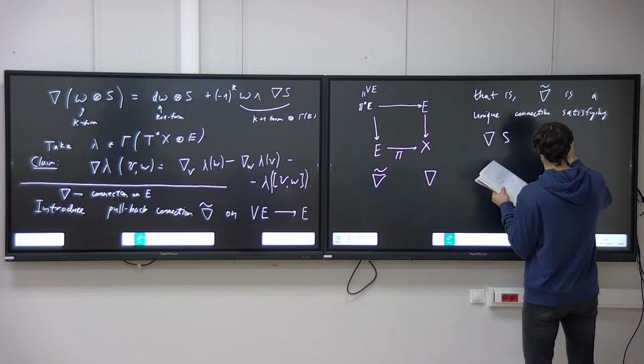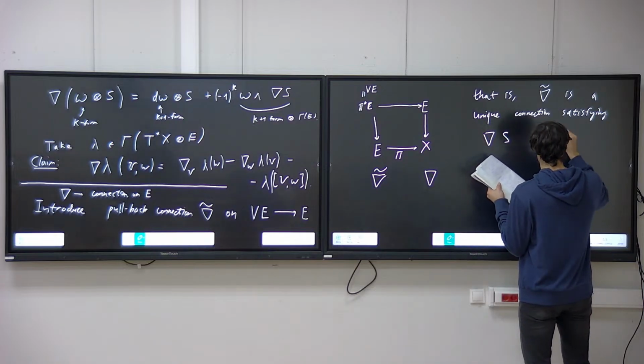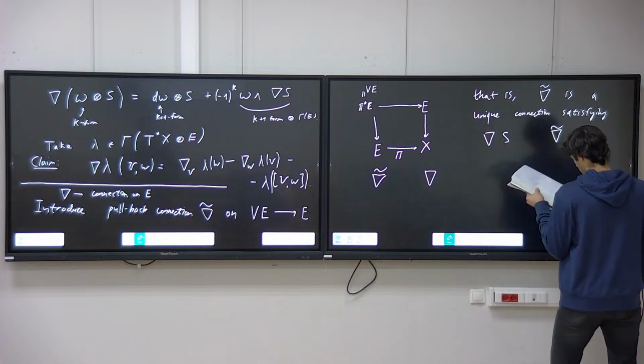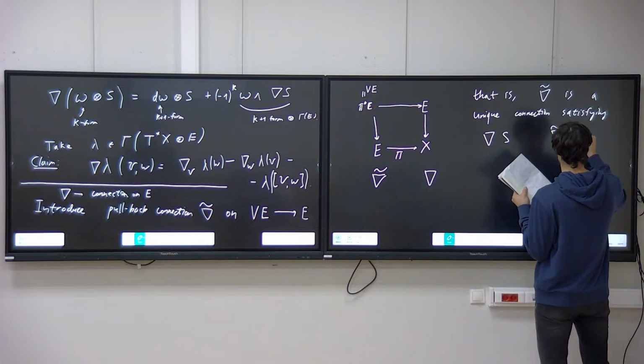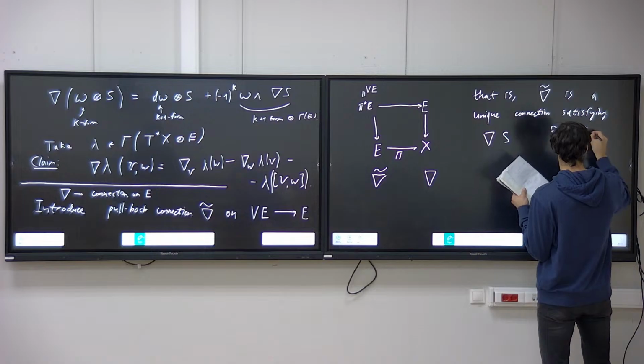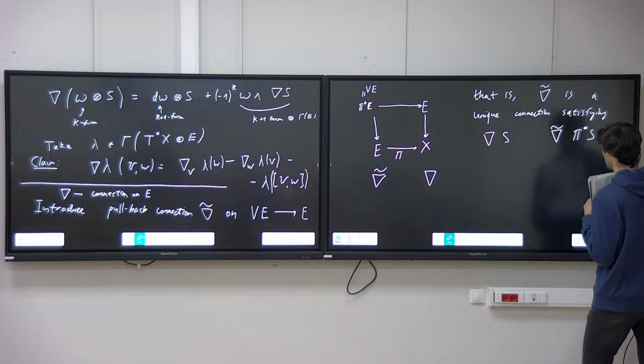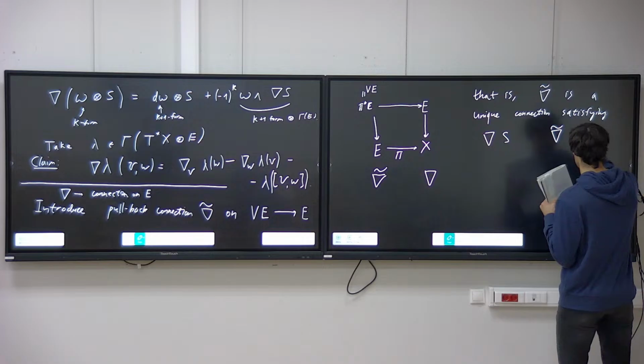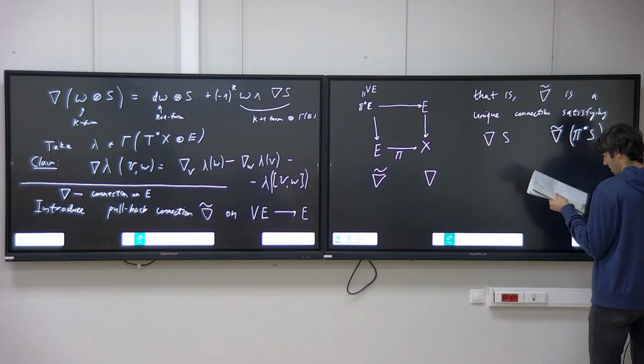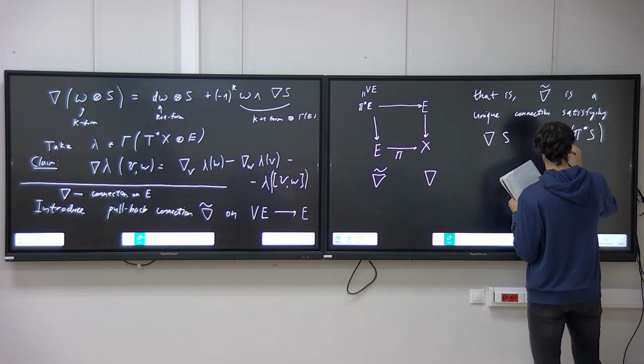I would like to apply it to the pullback of the section s with respect to pi, and also at some vector field V.